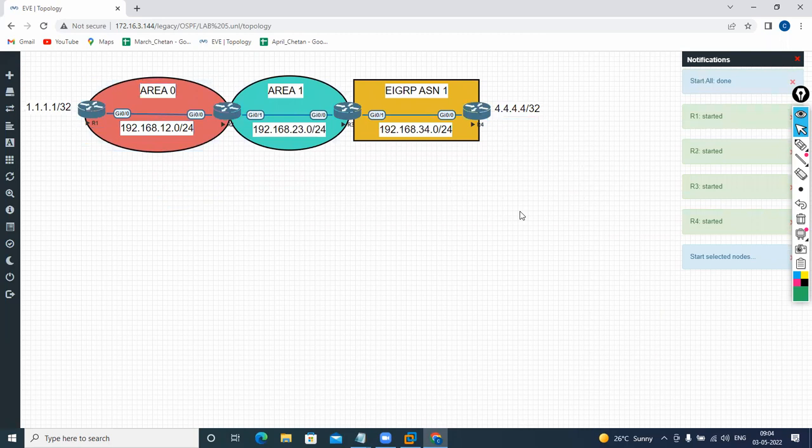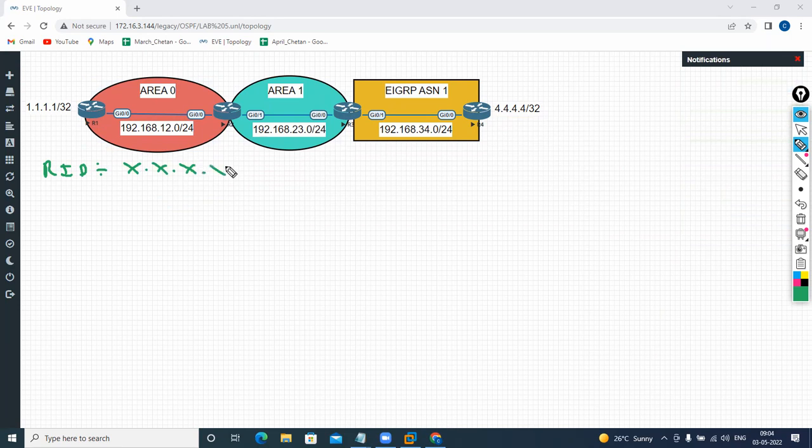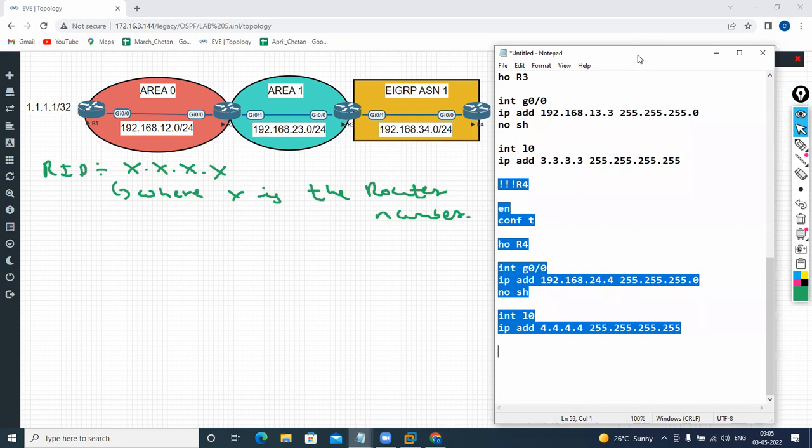So the router IDs will be X.X.X.X, where X is the router number. For R1 it will be 1.1.1.1. For R2 it is 2.2.2.2. R3 it is 3.3.3.3. R4 it is 4.4.4.4.